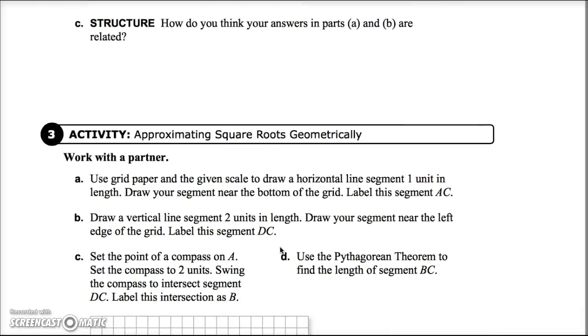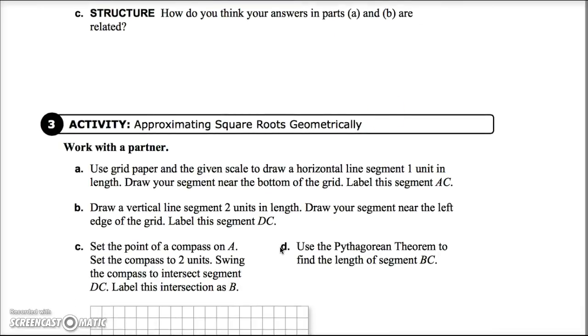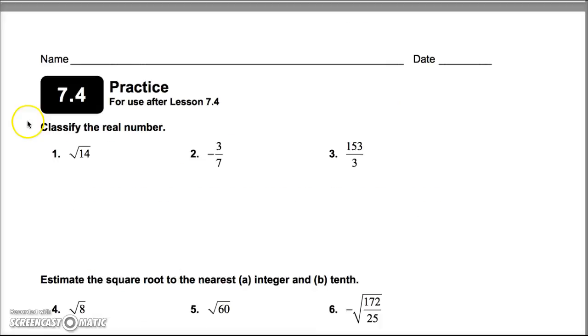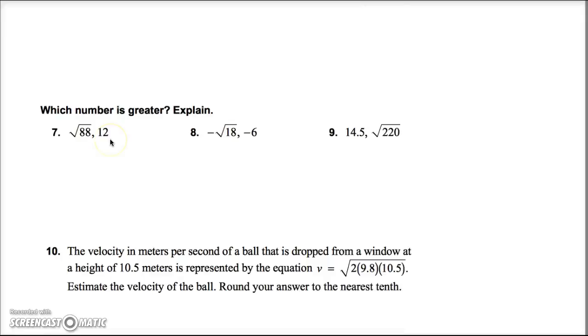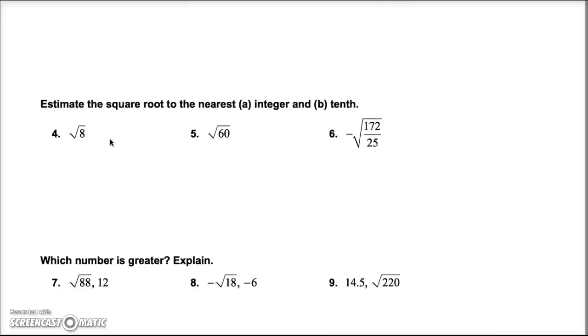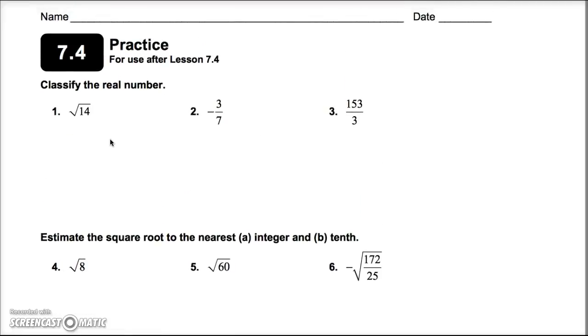Okay, now we are actually going to jump down right here to page 158 where it says 7.4 practice. Okay, and you will be able to use a calculator for any of these that you are estimating, but this is going to be your assignment, this right here on page 158.